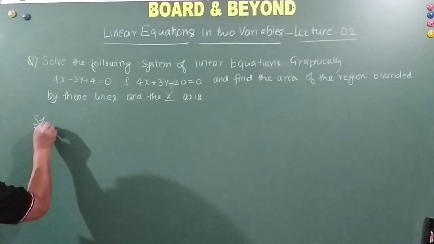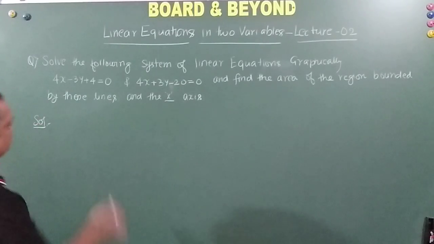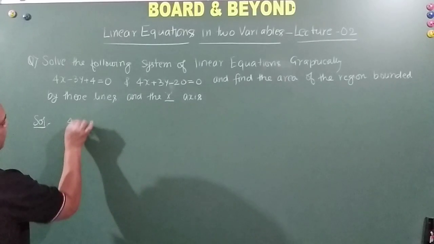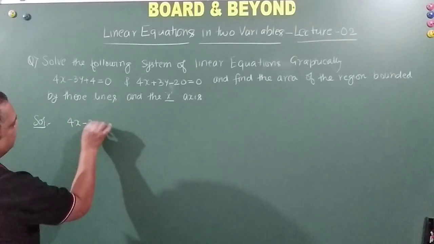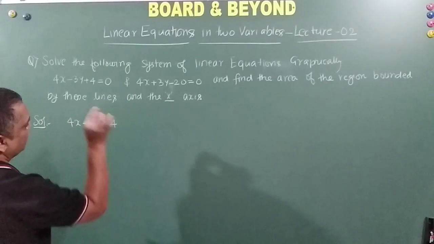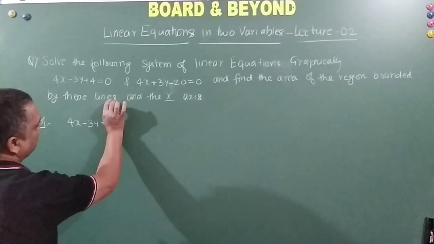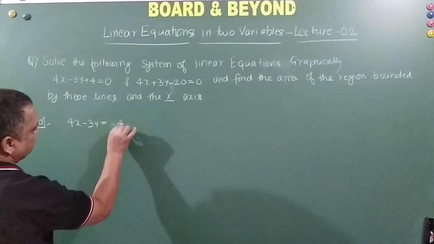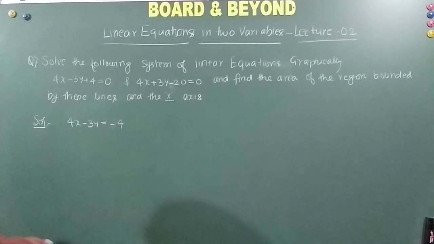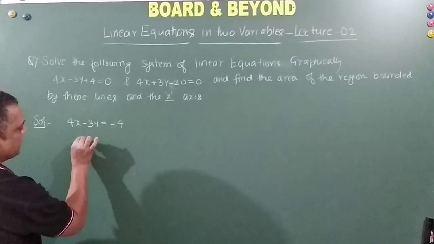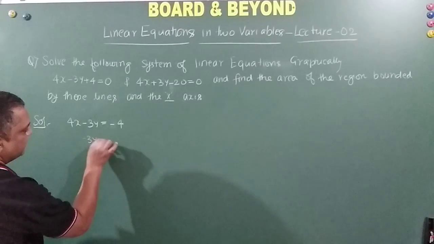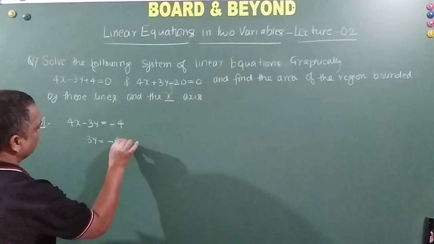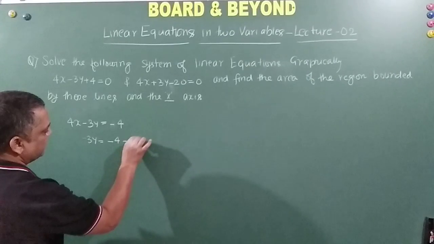Solution. The first equation given to us is 4x minus 3y is equal to minus 4, when I take this term to that side. So this becomes minus 3y is equal to minus 4 minus 4x.